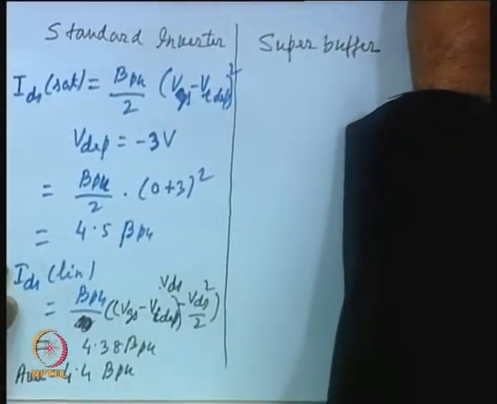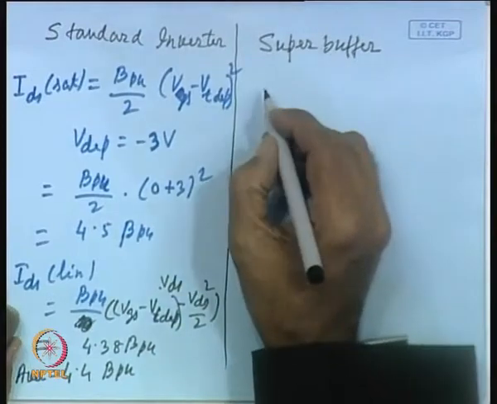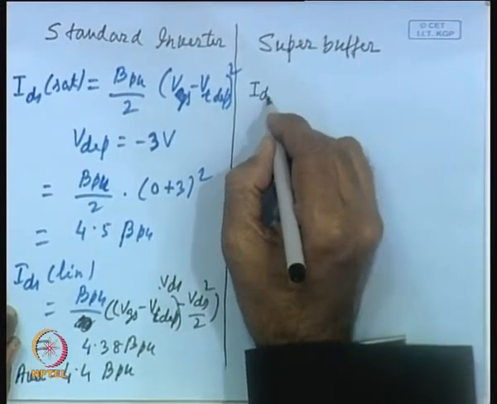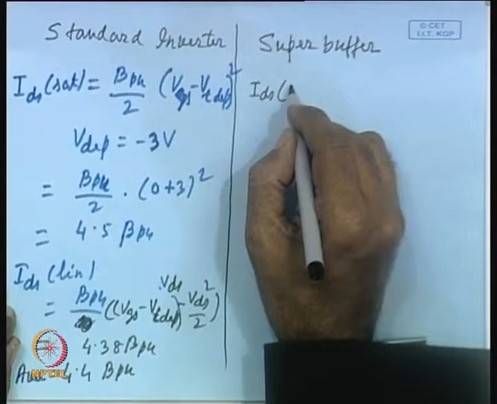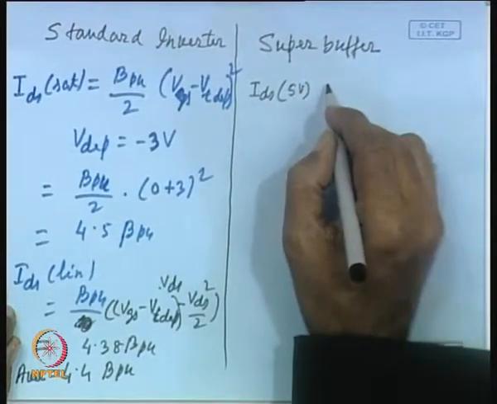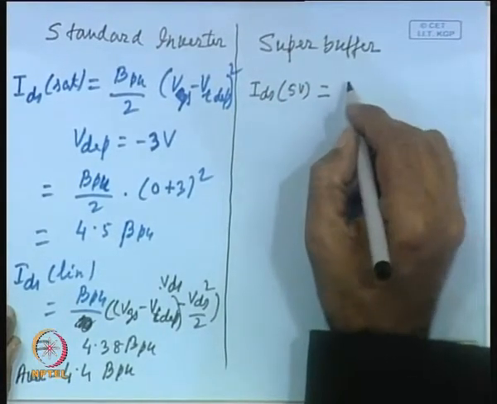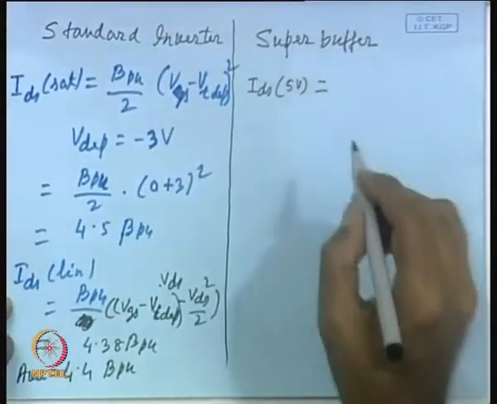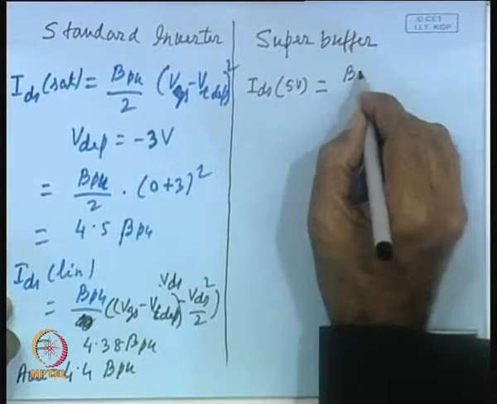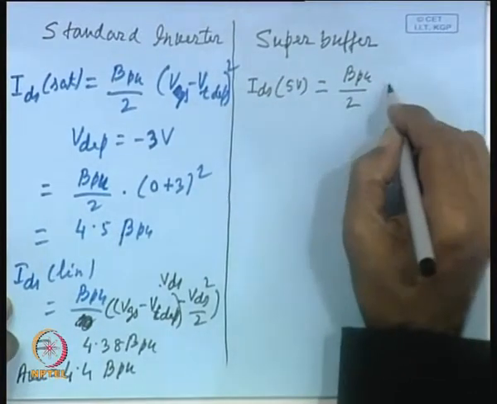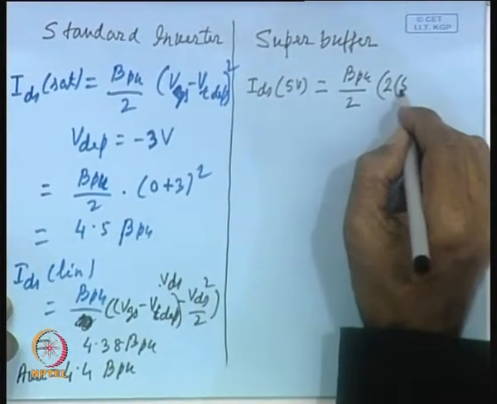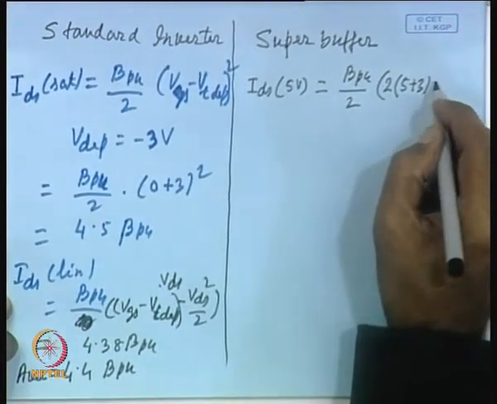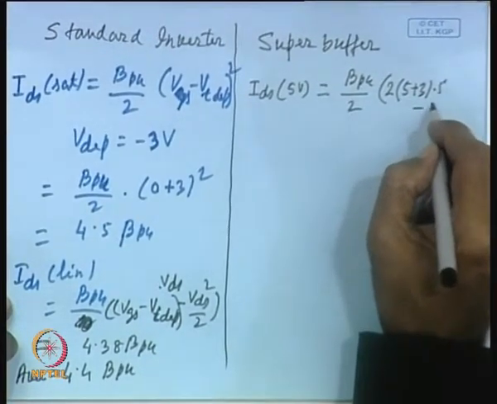Now, let us consider the case of super buffer. In case of super buffer IDS, whenever you are applying 5 volt, because it is getting the drive of 5 volt whenever you are charging this capacitor, it will be beta pu by 2 into 5 plus 3 into 5 minus 5 square.